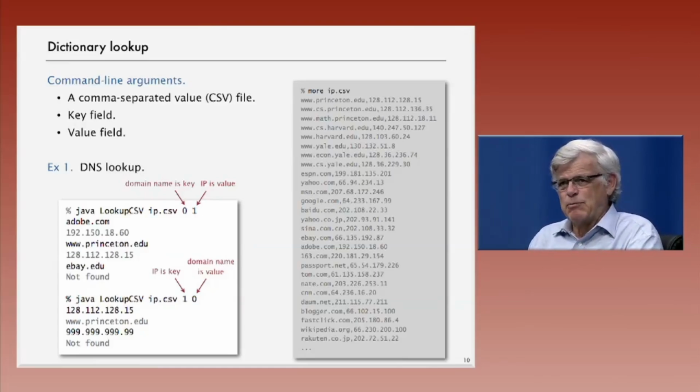In this example, our CSV file relates URLs to IP addresses. So each line has a URL and an IP address, and they're separated by commas. In general, a CSV file might have many fields separated by commas, so we number them 0, 1, and so forth, starting from the left.